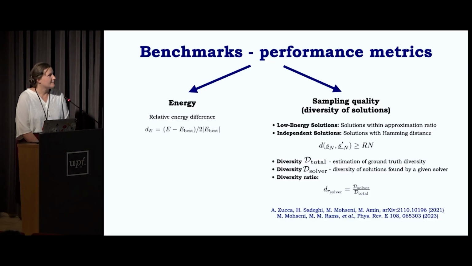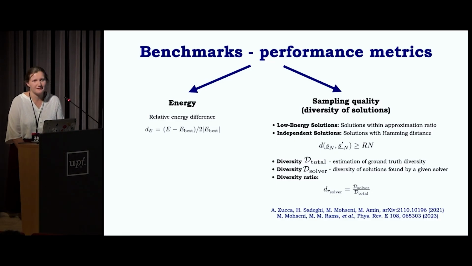Okay, but maybe you are more interested in the results than the algorithm, so I will move to the metrics and the results. To test the instances, we used two fundamental performance metrics, the energy metric and the diversity, the quality of sampling of approximate diverse solutions of a spin glass problem.